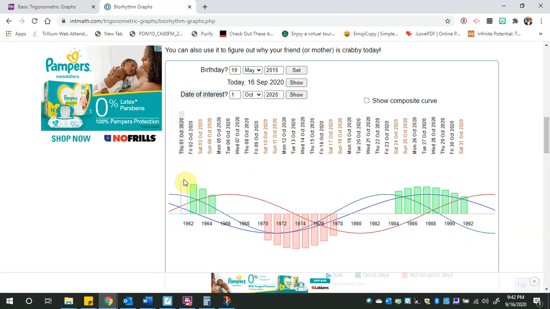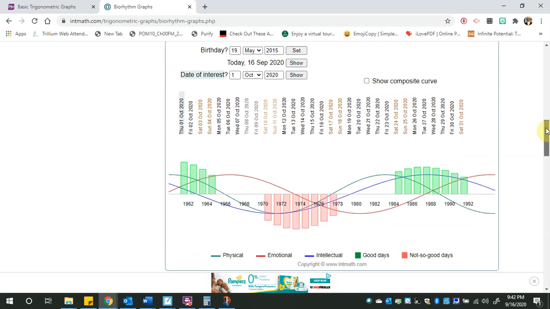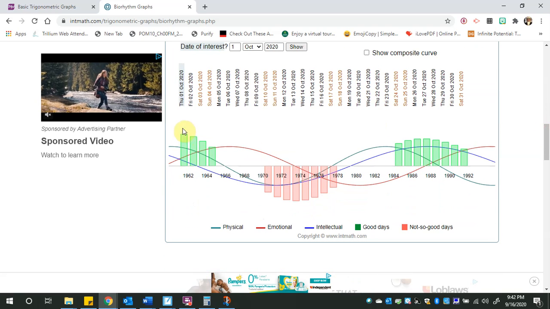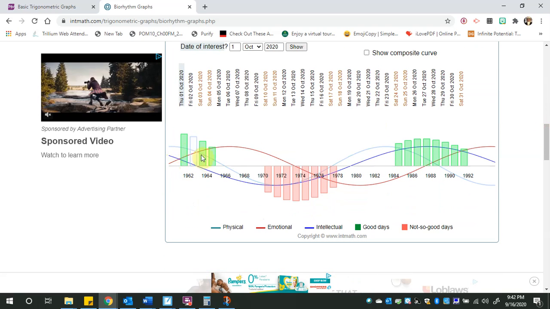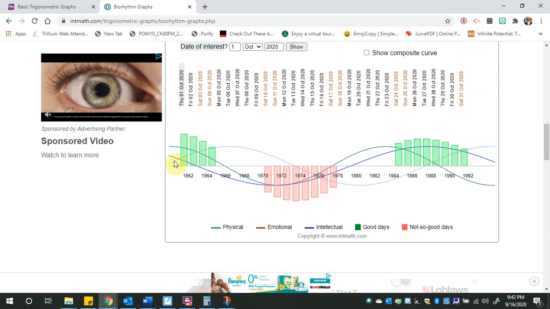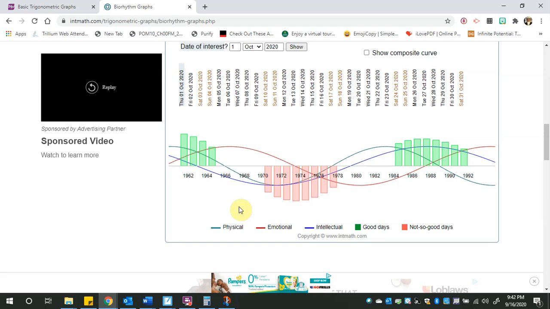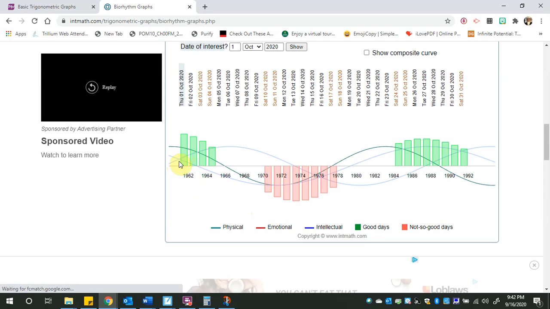On that day, she will be alive for 1,960 some days. But on October 1st, her green cycle is high, so she's physically good on October 1st. She is coming into being emotionally okay, so maybe I should visit her, because a 5-year-old is testing of my patience. And intellectually, she's still in the positives, but she's going to be heading for a downswing.